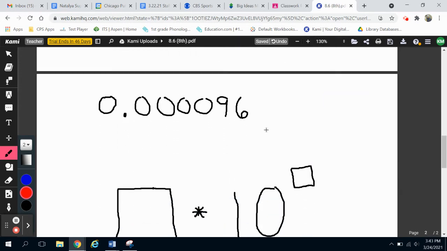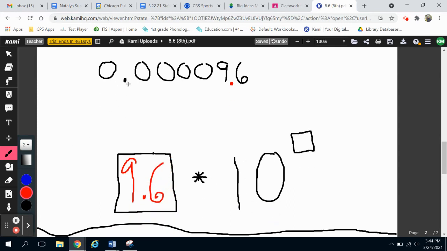Now let's look at a small number, a number that's less than 1. Remember the rule, if it's a number less than 1, we're going to have a negative exponent. But before I worry about that, I need to figure out where I can move the decimal so I have a number between 1 and 10. I can move it to here, between 9 and 6. 9.6 is a number between 1 and 10.